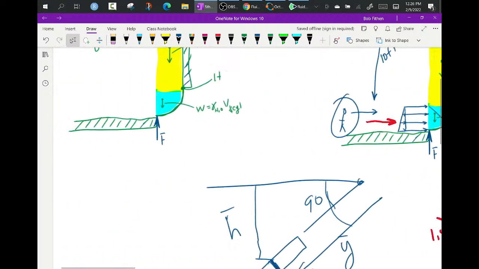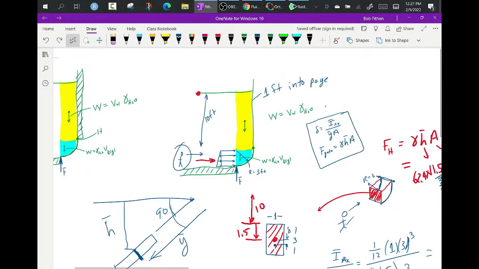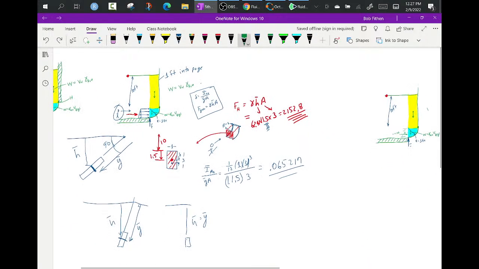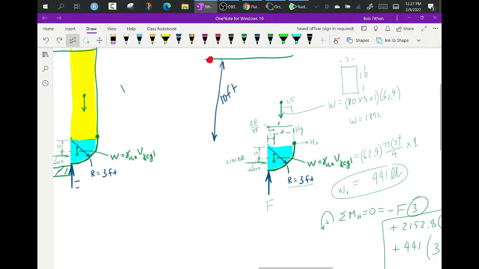Initially I started by finding the vertical force, which was this and this, and we found the horizontal force, which was this one applied over here. We added them up, put them on the object, which was the blue, and took it across, broke the distributed load down further to a point load, found its location, and went through this process.